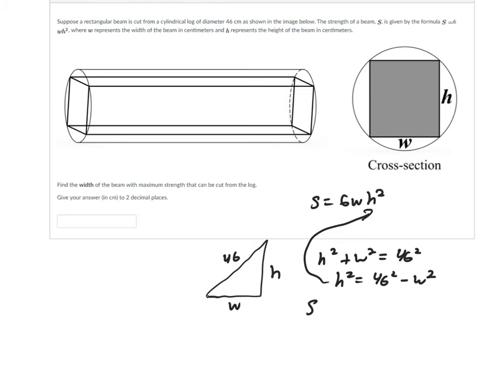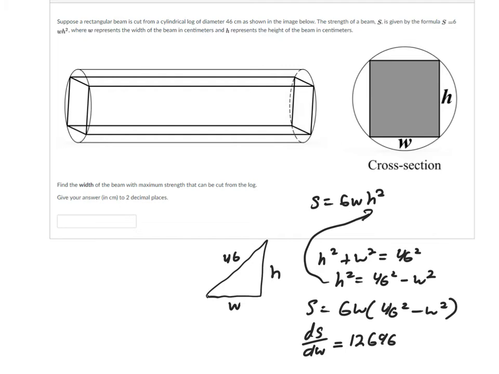So strength is now equal to 6 times W times (46 squared minus W squared). Now we can take the derivative with respect to W. That gets us dS/dW equals 6 times 46 squared, which is 12,696, times W, which will just go away, and then minus 6W cubed.